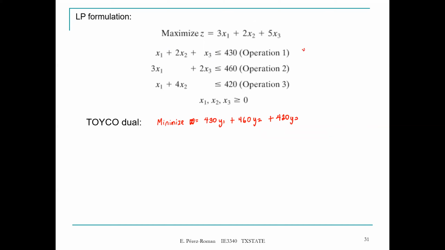So remember, we assign a dual variable to each one of the constraints, and then we proceed as explained in the first video. So this should be Y3. And this is subject to the following: Y1 plus 3Y2 plus Y3.